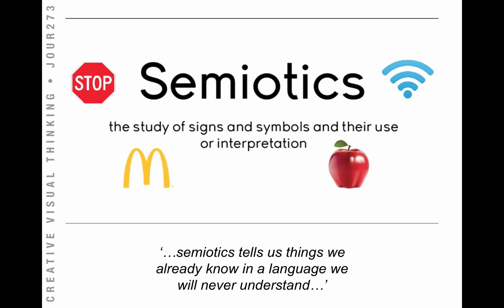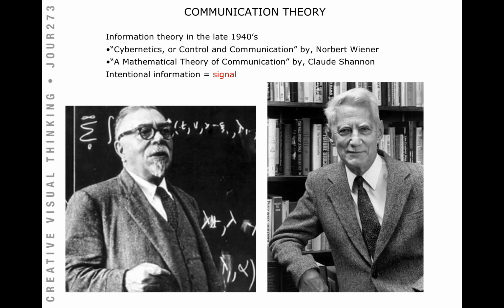And we're talking about signs. Signs are all over the place. We see them everywhere. But the original concept of semiotics came about through communication theories in the late 40s.